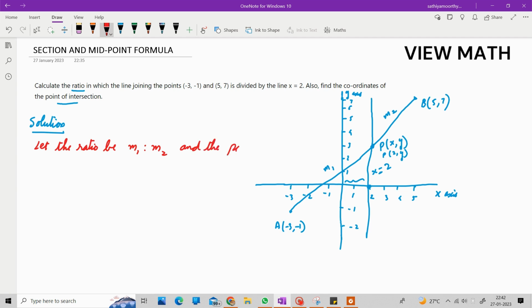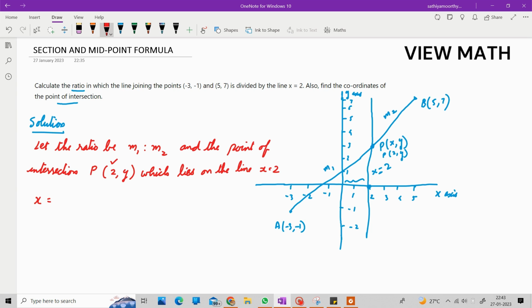The point of intersection P is (2, y), which lies on the line x = 2. So the x coordinate is 2, the y coordinate and the ratio I need to find out. So with the value I know, I'm going to proceed.